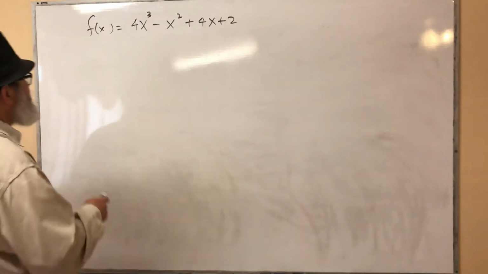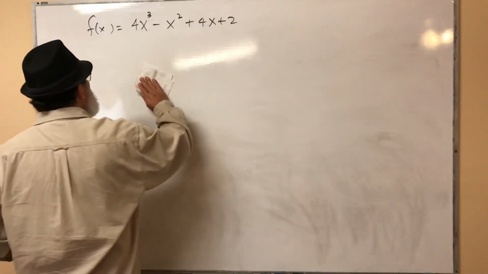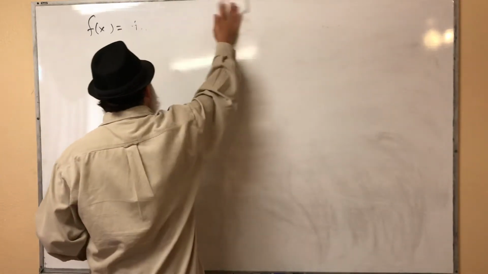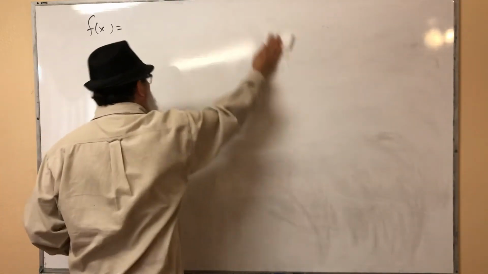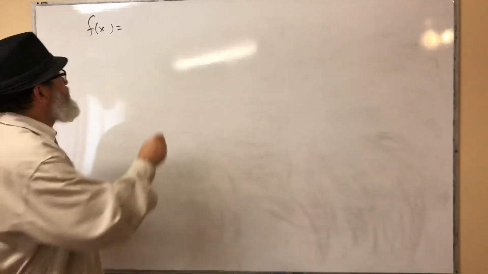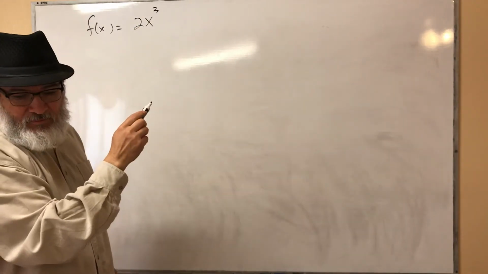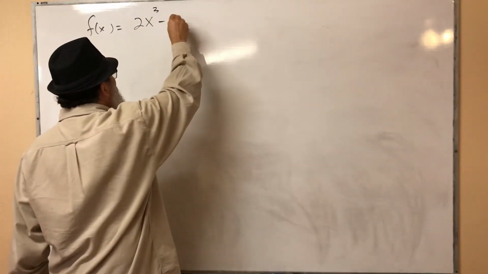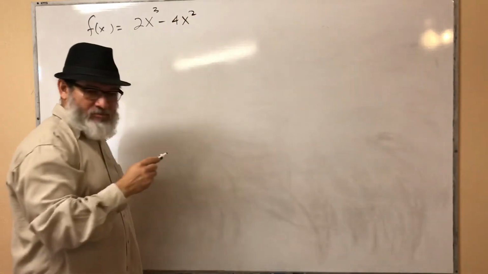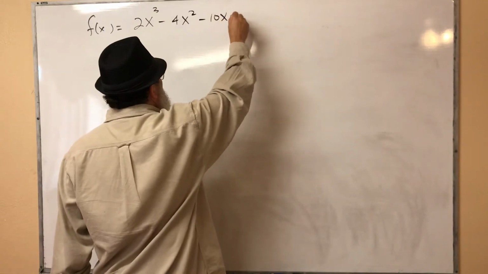f of x equals 2x cubed minus 4x squared minus 10x plus 12.